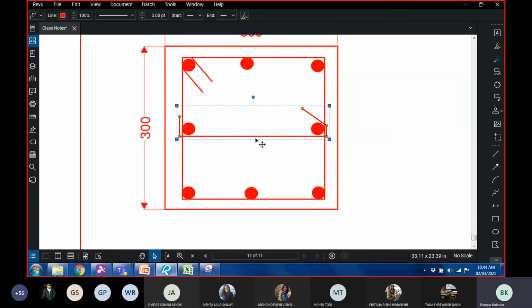And a similar cross tie is provided in the other direction.